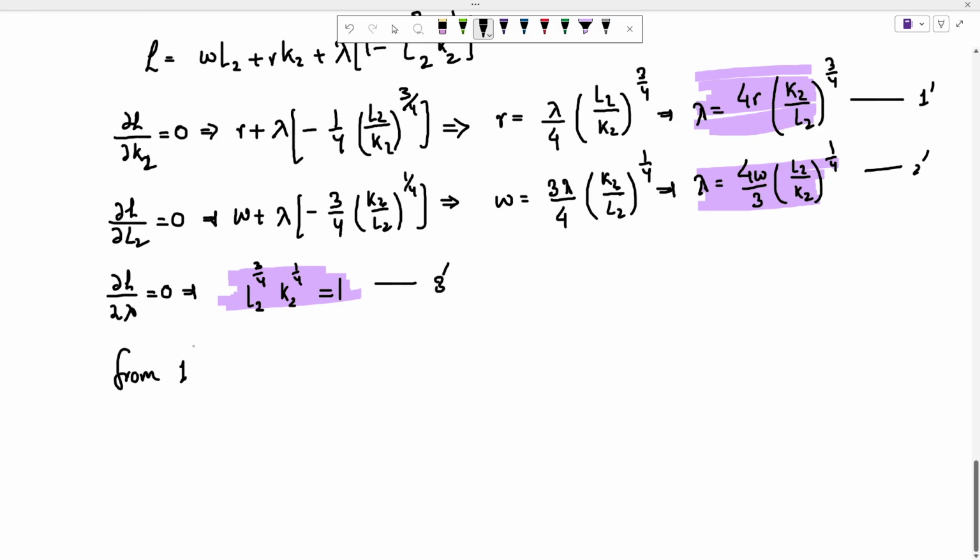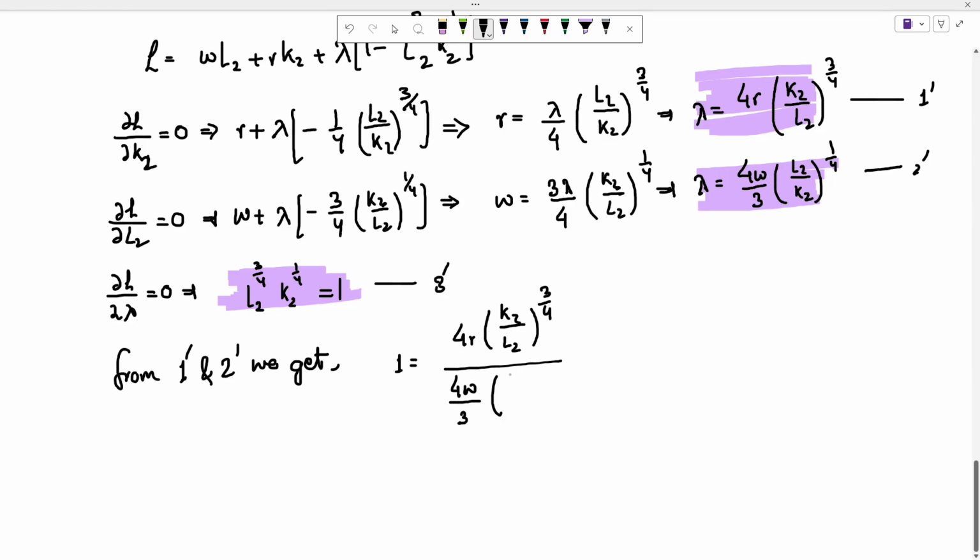From 1 dash and 2 dash we get, what do we get? We get 1 equals 4R K2 by L2 to the power 3 by 4 by 4 by 3 K2 by L2 to the power minus 1 by 4, in which the 4 is going to cancel out.